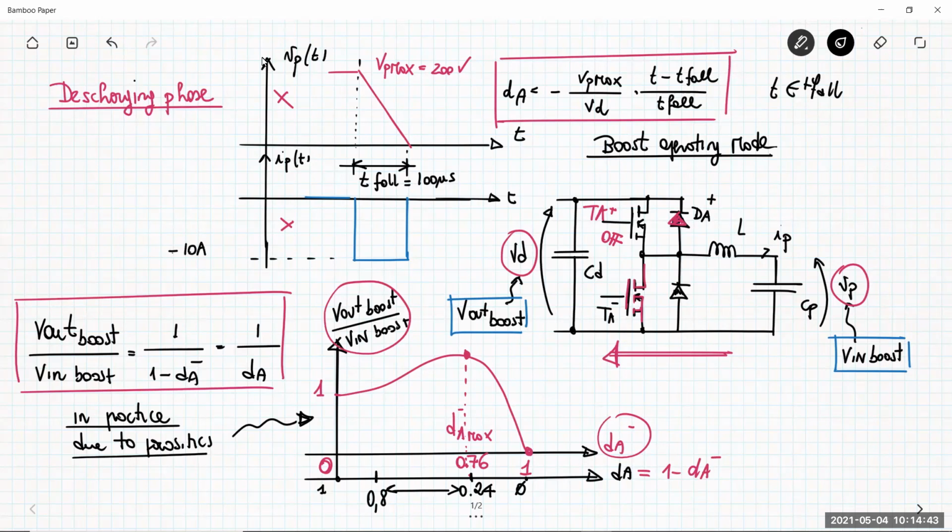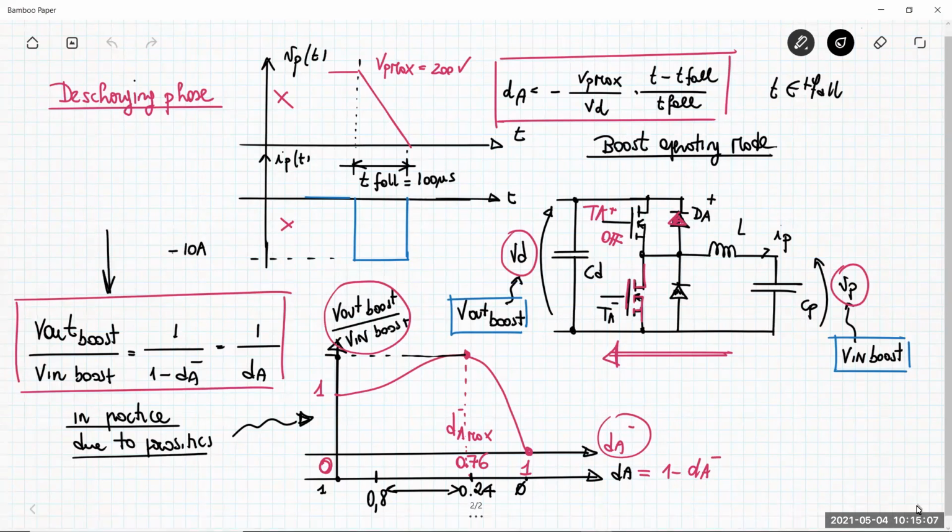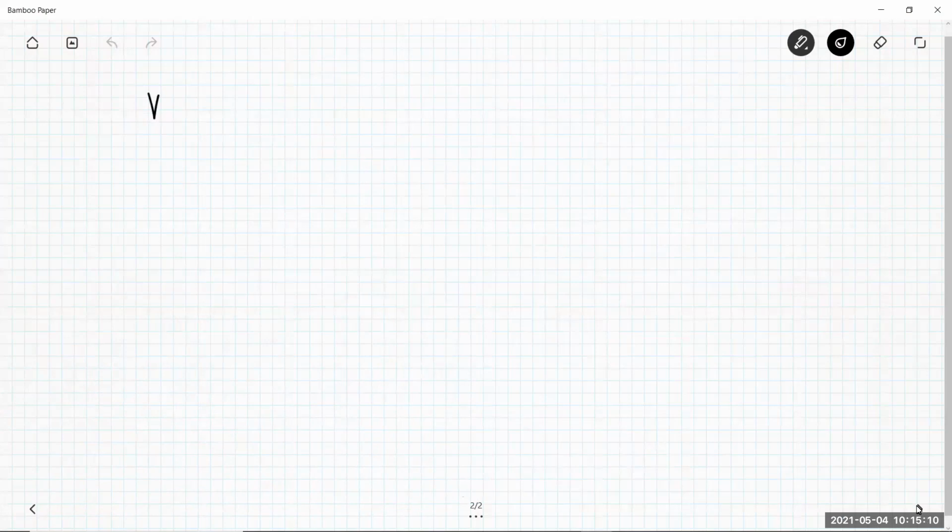Okay, so what about the output voltage? What is this voltage here for duty cycle dA of 0.76? You have to consider this expression, and using this expression you can see that V out boost is V in boost over dA.